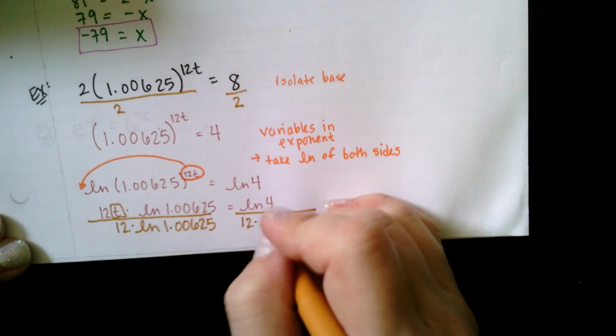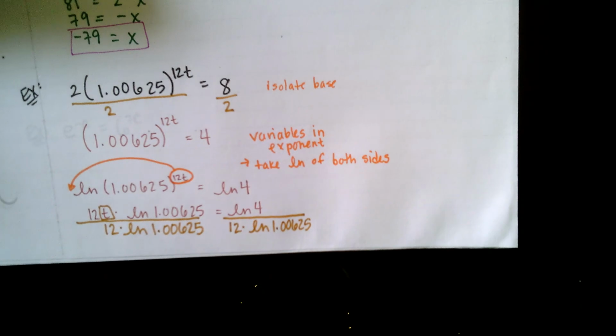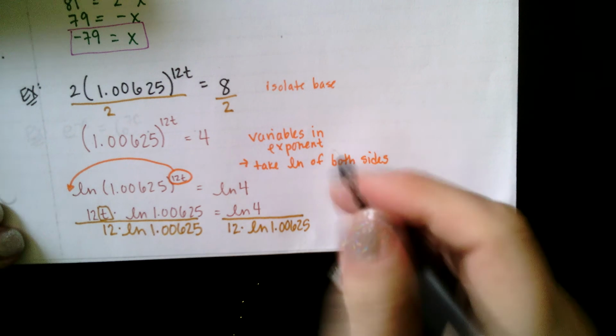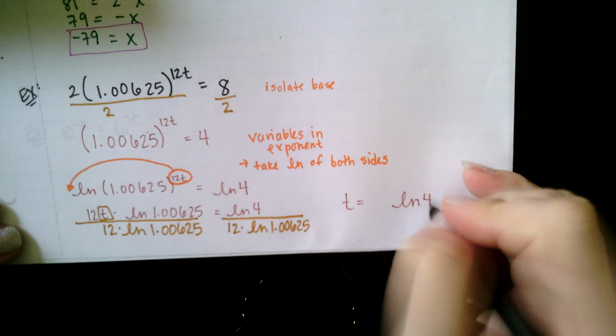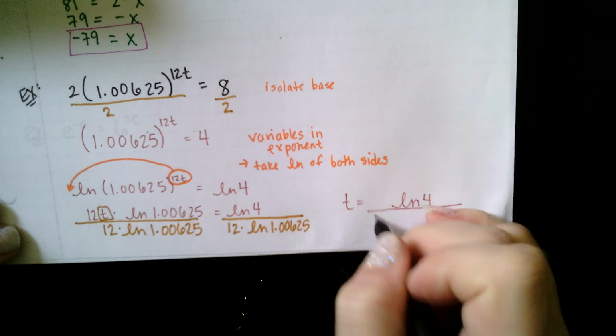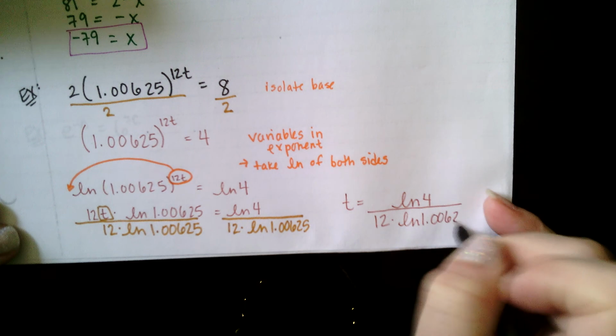So we are allowed to legally do this. And then that leaves us the t on the left side, and it equals the natural log of 4 over 12 times the natural log of 1.00625.